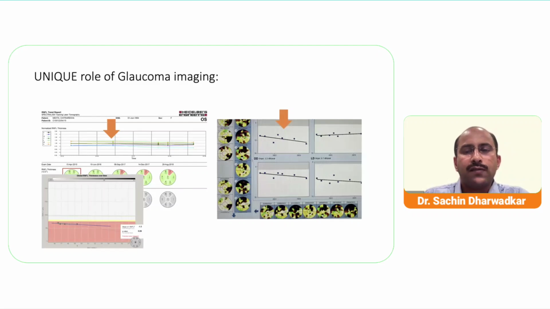So if you have a very good progression assessment on imaging, which again is not an easy task, as we'll see soon, it is definitely going to help us in decision making in that large subset of patients who have a high test-retest variability in visual field examination, and obviously also in pre-perimetric disease.